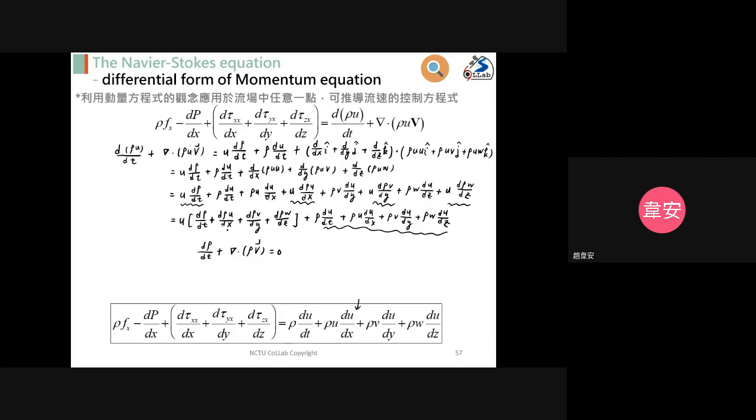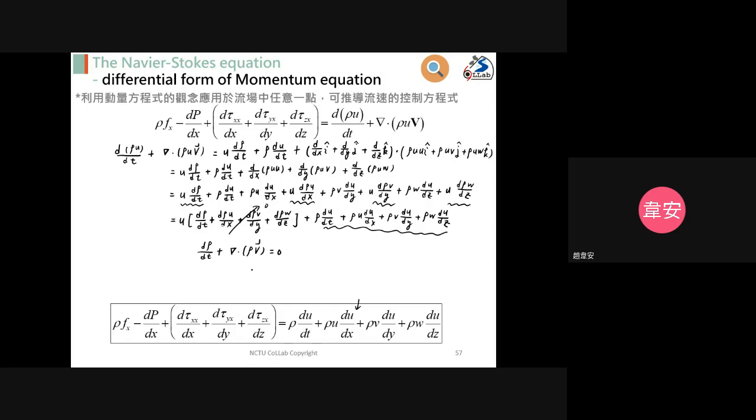So in that condition, we don't need to consider whether the flow is incompressible flow or steady flow because this is a general form for the continuity equation. So this item will always satisfy the continuity equation, so it's always equal to 0.